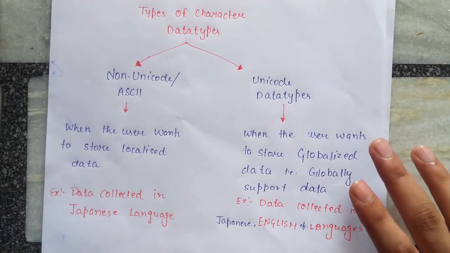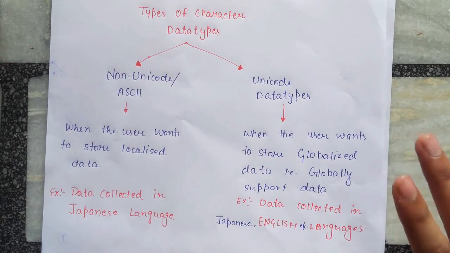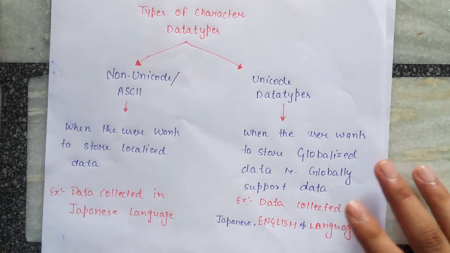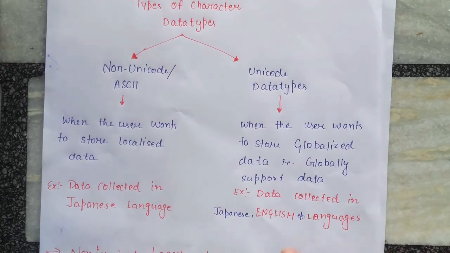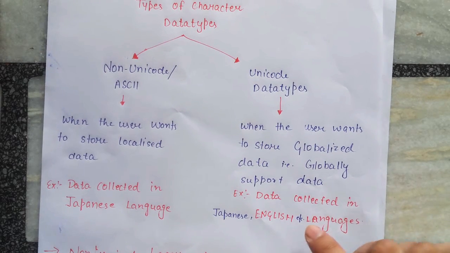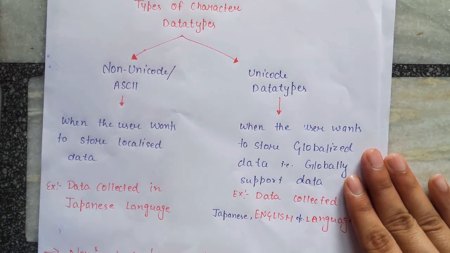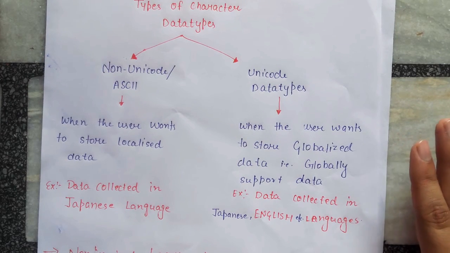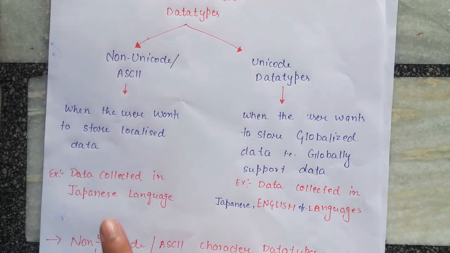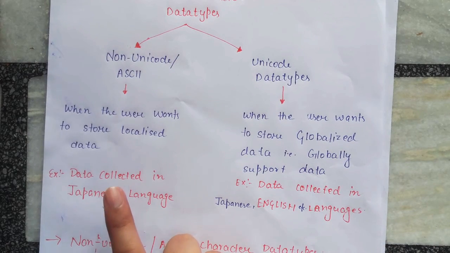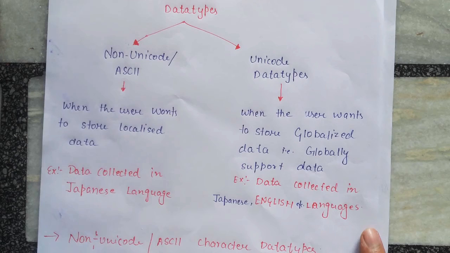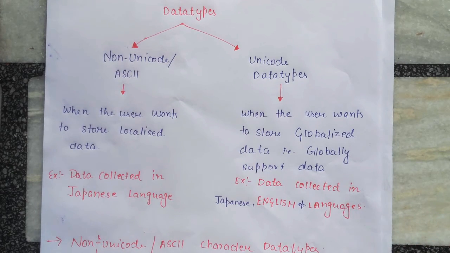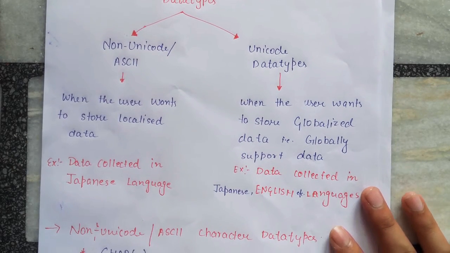What are Unicode data types? They are used when the user wants to store globalized data. For example, if we create data that is collected in Japanese, English, and other languages, data that consists of more than one language, this kind of data is globalized data, that is, globally stored data. So this is the difference between non-Unicode and Unicode data types: non-Unicode supports only localized data, created using one language, and Unicode supports data created using more than one language.